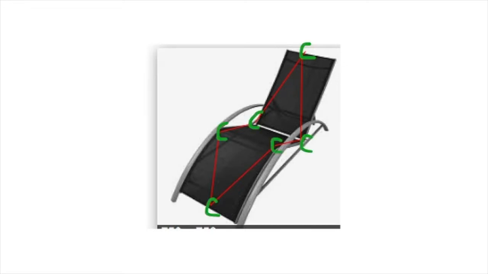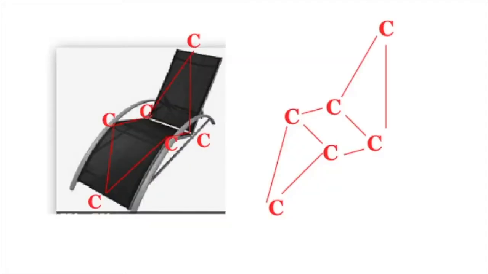So now we have 4 carbons forming a flat area, and the other 2 carbons at the top and the bottom of the chair. In this one, the carbons are marked on the chair, and in this one, I have removed the chair, just leaving the structure. Sorry about the inexactitude of the lines, but that's all my program will let me do.